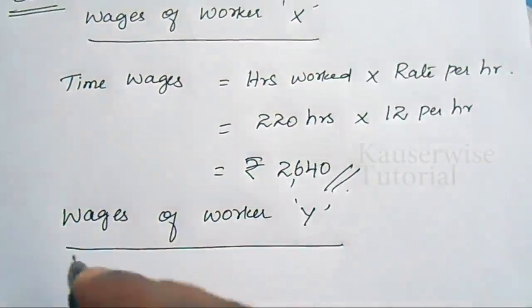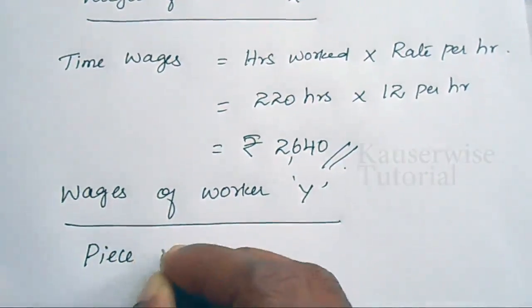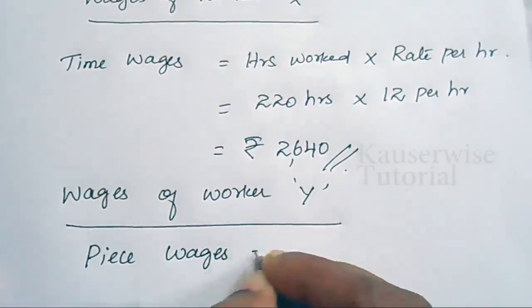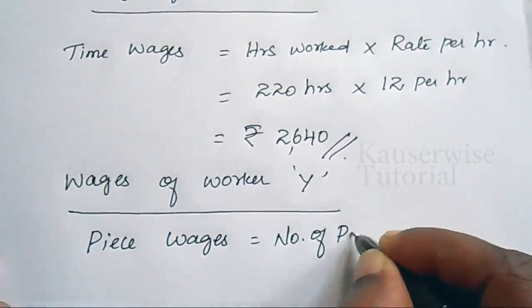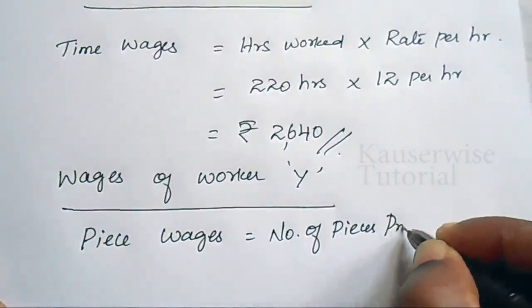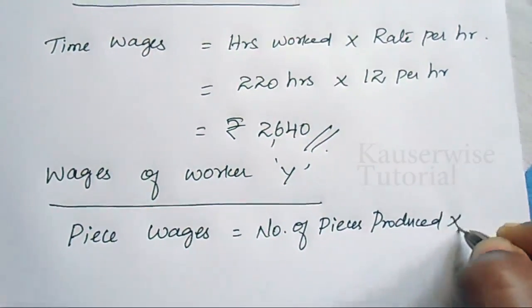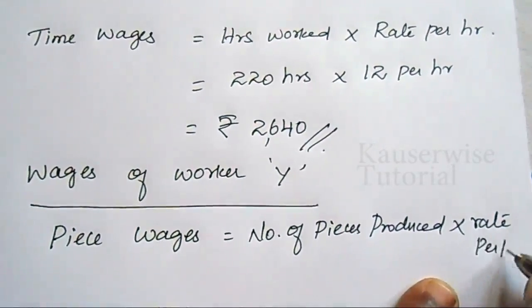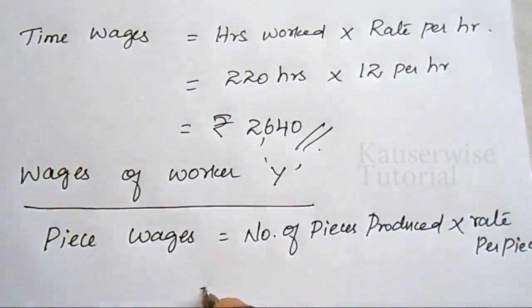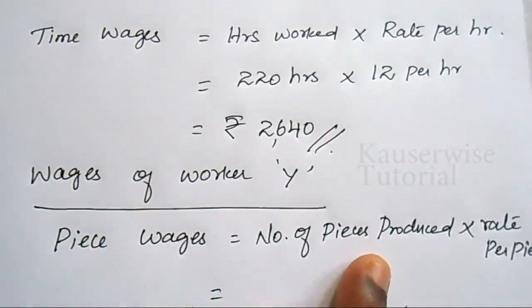In the same way, you can calculate wages for worker Y. He is getting piece wage. So, what is the formula? Piece wages is equal to number of pieces produced into rate per piece. How many pieces were produced?